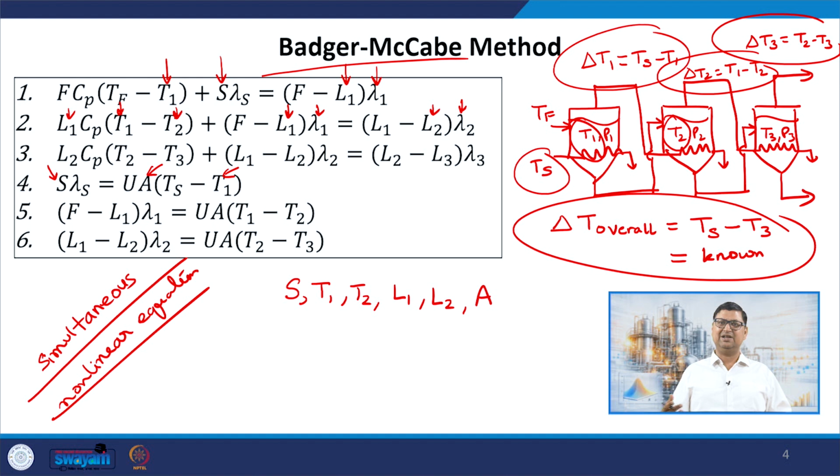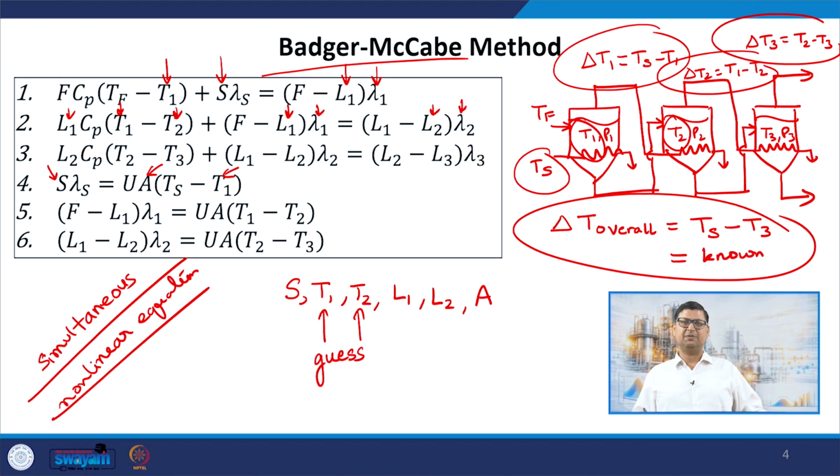That is the overall idea. So we will guess these. Once we guess this, then we will be able to solve the equations maybe. And if we do that, I will get wrong values of temperature drops, then I will correct it and I will get new temperatures and so on.